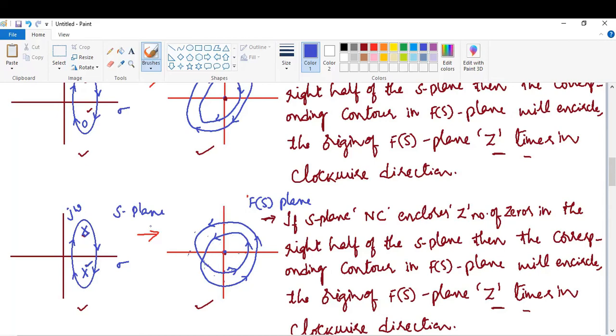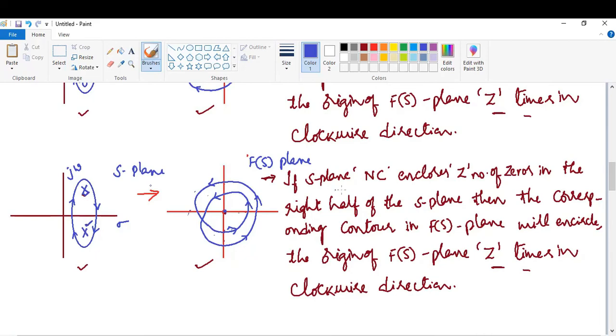One circle is closed and continued, and another circle is here. So in this case, if the S-plane Nyquist contour encloses P poles in the right half of the S-plane, then the corresponding contour in the F(S) plane will encircle the origin of the F(S) plane P times in the anti-clockwise direction. We have to write here P times in the anti-clockwise direction.